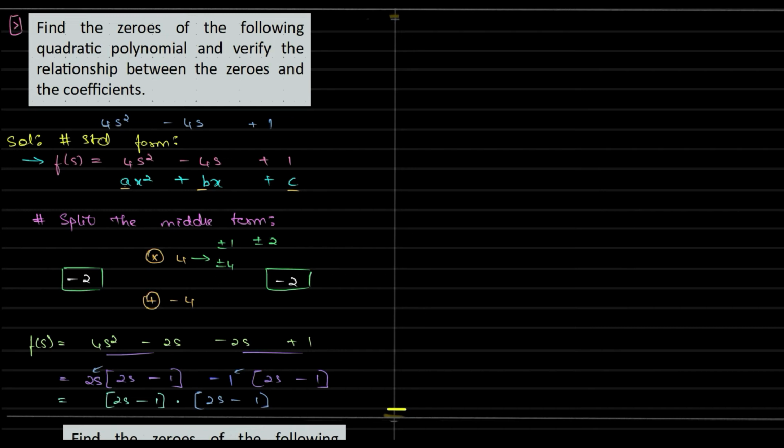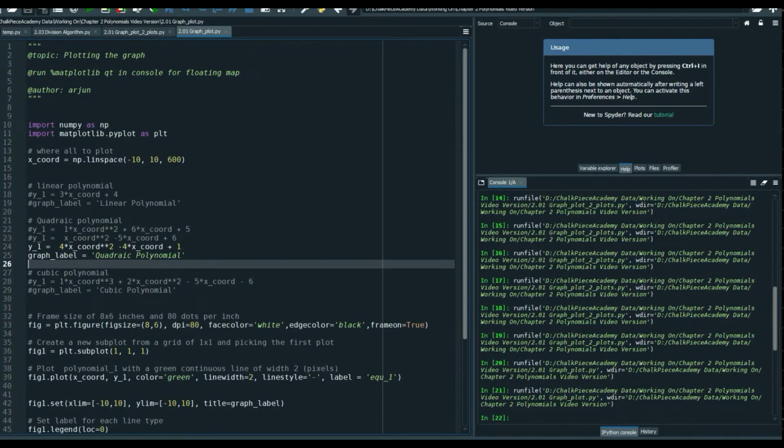Right, now the next step is finding the zeros. For that I need to take each expression, equate it to 0 and rearrange, and you will get half. Since both are the same expression, we can tell that alpha is equal to half, while beta is also equal to half, right? So let's verify this using Python, and I have typed in the code.